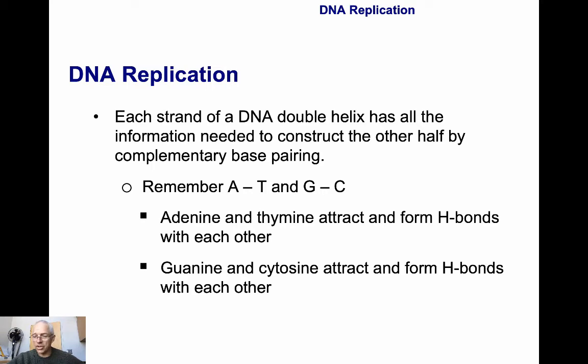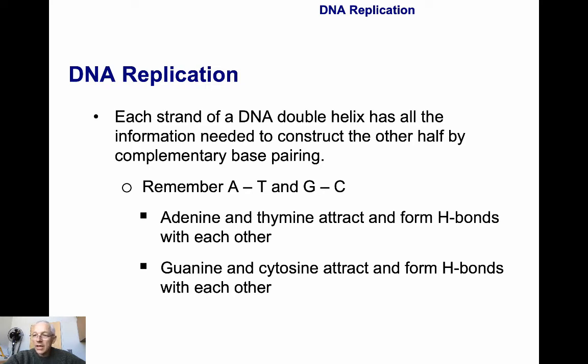So how does replication occur? How do we get 2 identical copies of a molecule of DNA, of a chromosome? Well, each strand of a double-stranded DNA molecule provides the information for building the other strand.